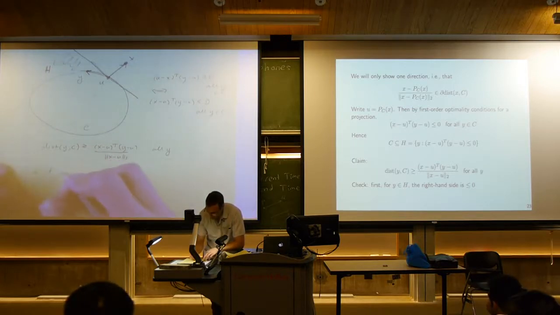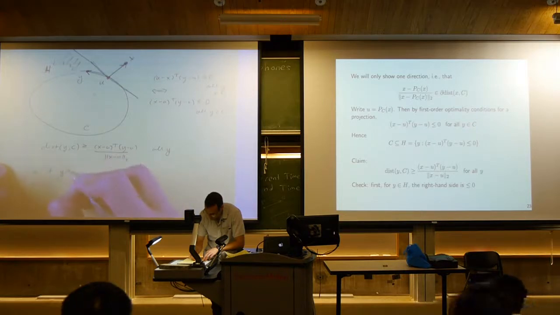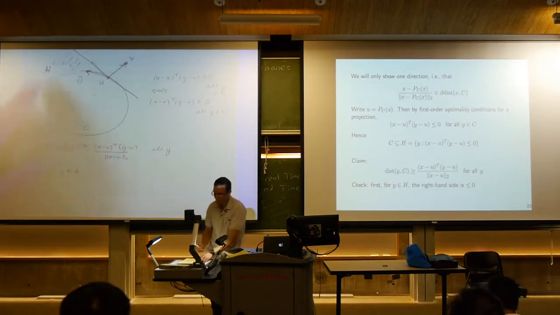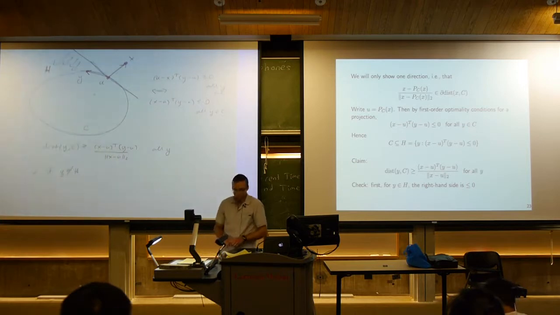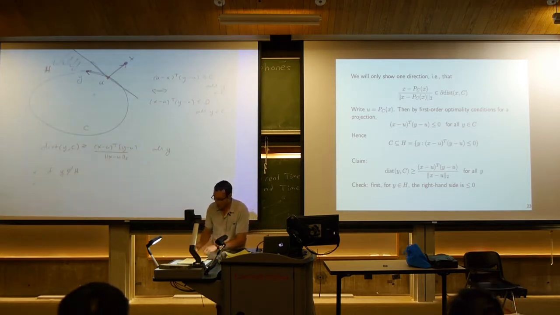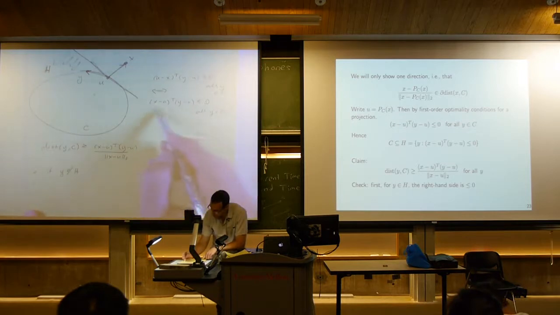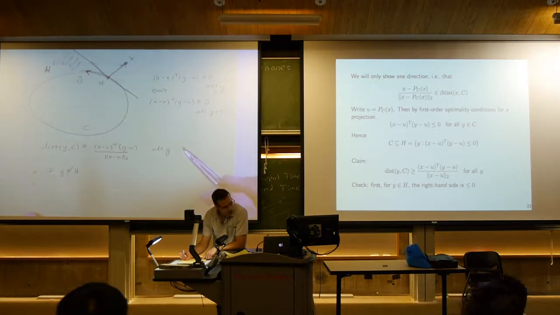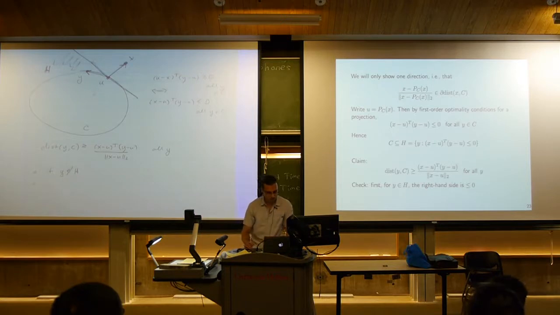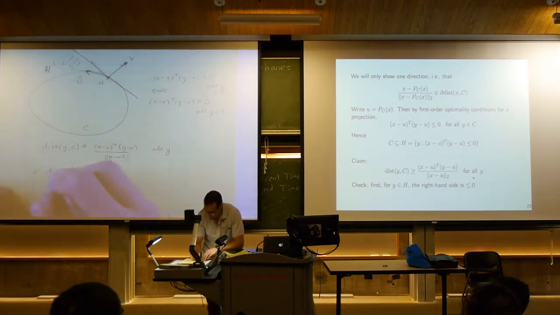The first case is when y is in the half space H. Well, in that case, this quantity is negative. H was the set of all points for which this was positive. Did I flip the signs here somewhere? Oh, no, I just looked at the wrong condition.